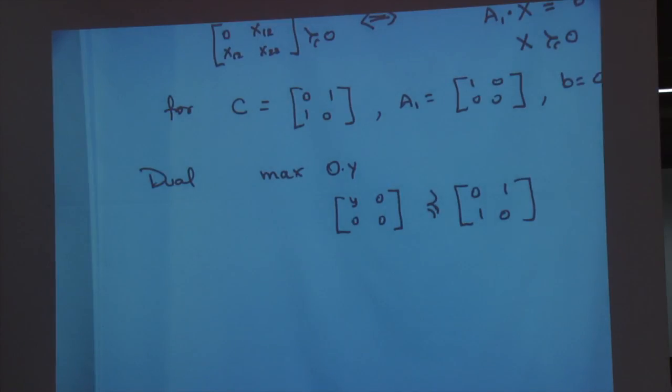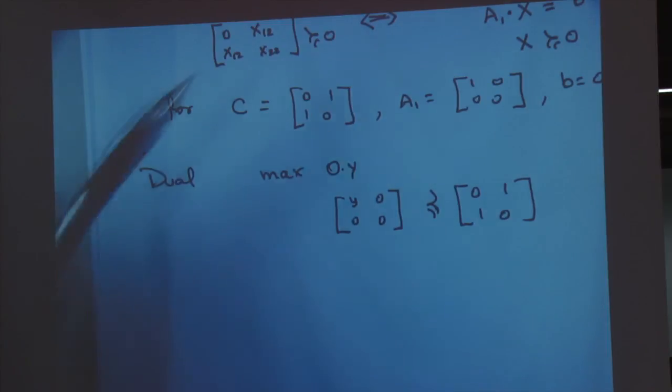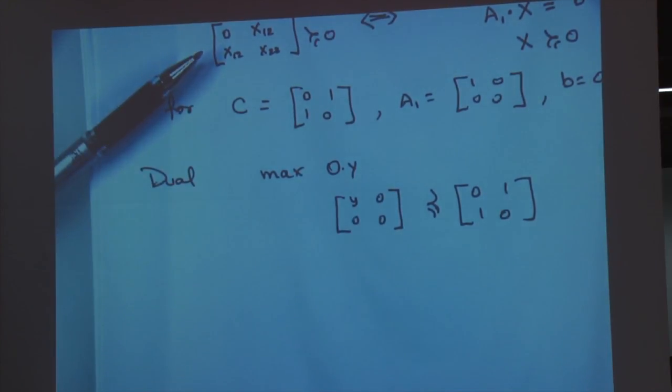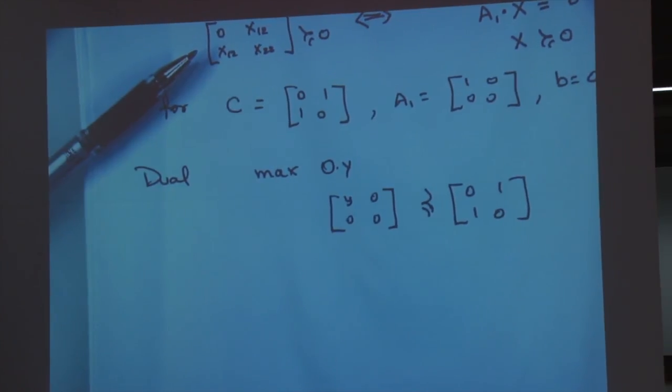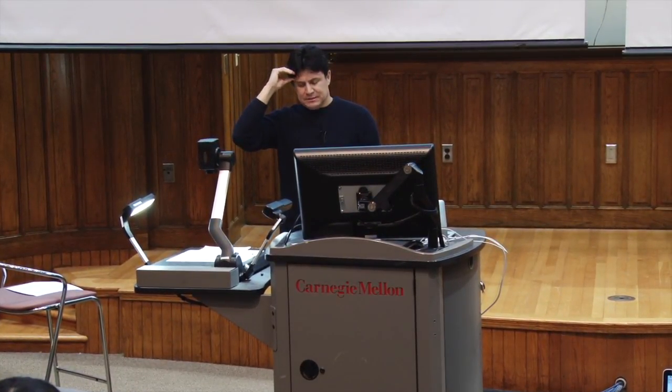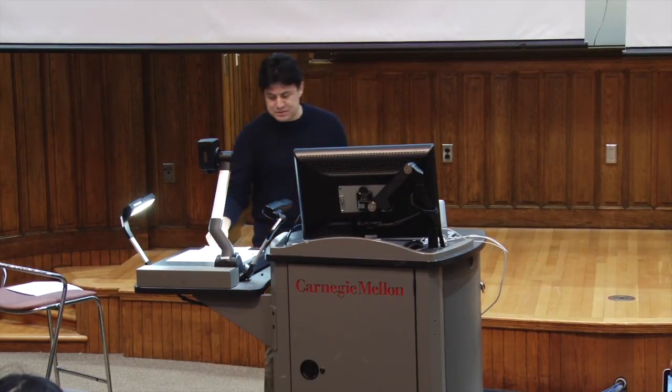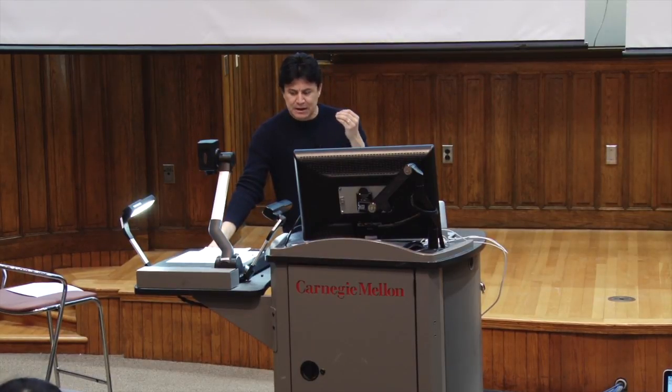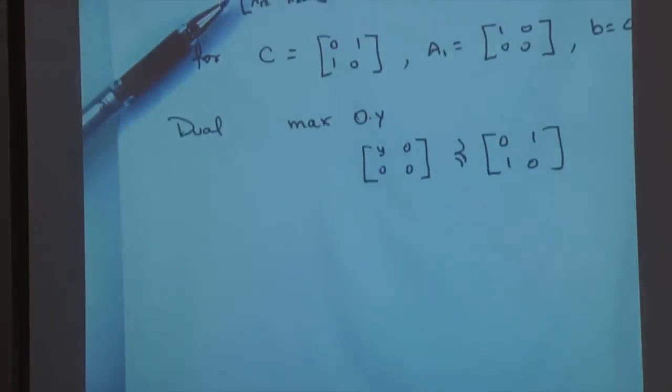If you look at the primal problem, the constraint is that the matrix has to be positive semi-definite, and the 1, 1 entry of that matrix is 0. So the eigenvalues have to be non-negative, and in particular the determinant has to be non-negative. But the determinant of this matrix is 0 minus x12 squared.